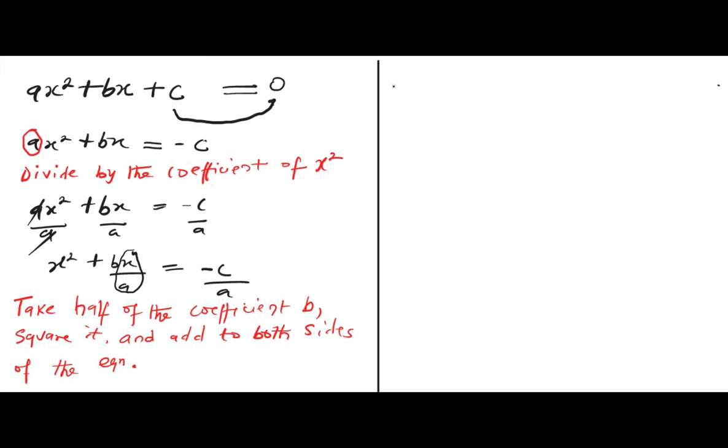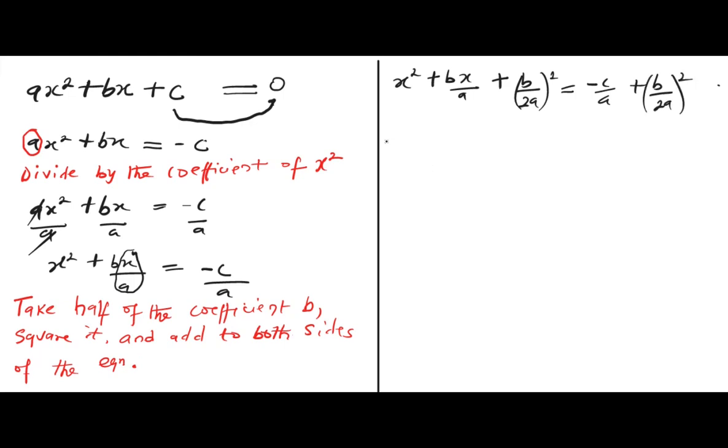So we're going to have x squared plus bx over a plus b over 2a, that is the half of the coefficient. Then we are going to square it and add it to this side, and we are also going to add it to this other side: plus b over 2a all squared.